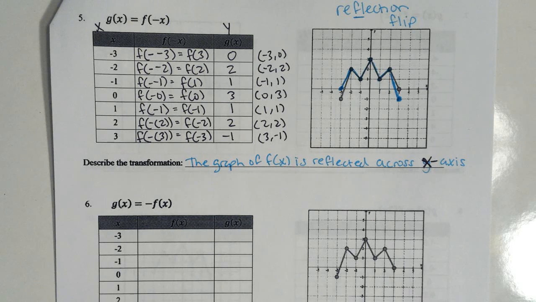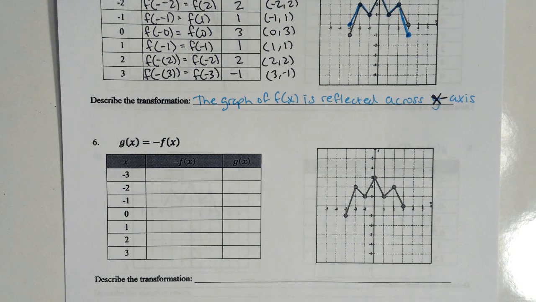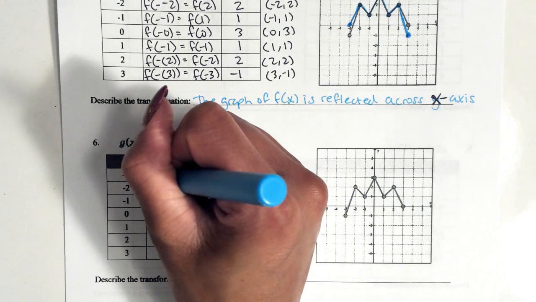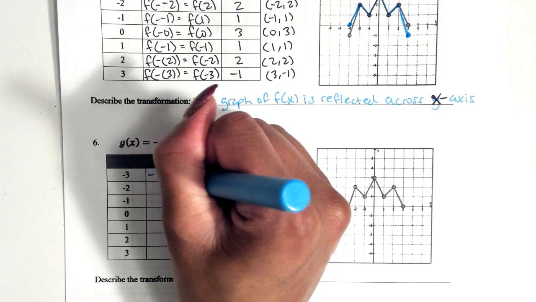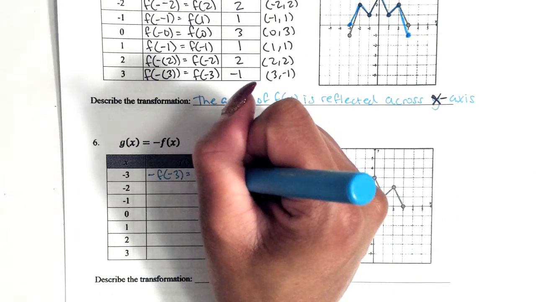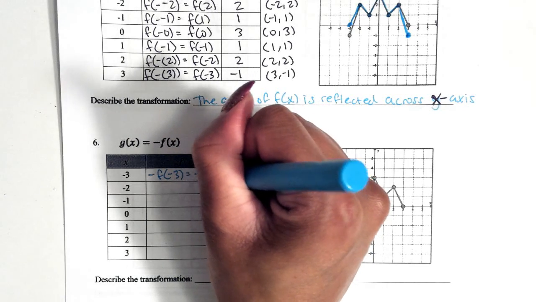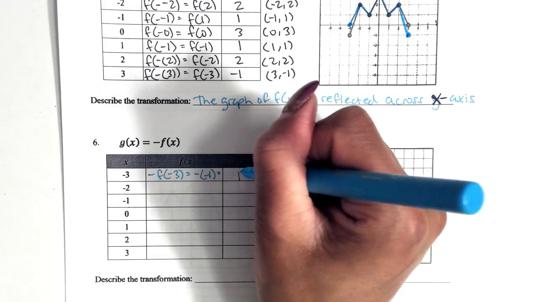Okay, so this time you're going to see what happens when you do number 6. So this one's a little different because I have a negative on the outside. So then I would have negative f of negative 3. And so that means f of negative 3 is already a negative 1. And negative times negative is a positive.